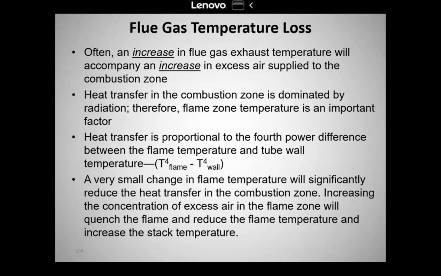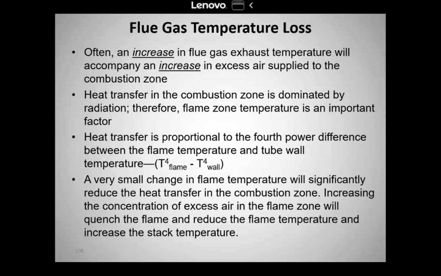Heat transfer in the combustion zone is dominated by radiation. It's so hot. Remember, radiation is what? T high to the fourth minus, say, T2 to the fourth power relationship.